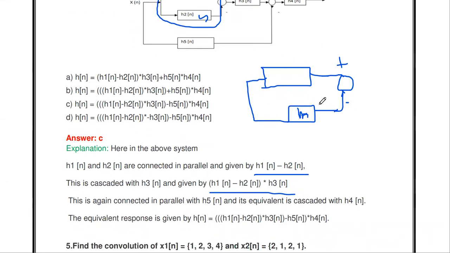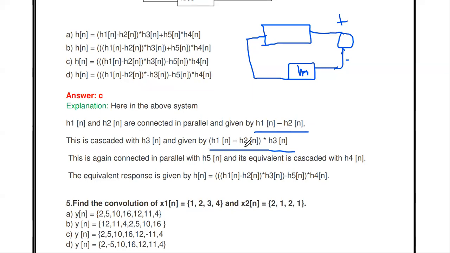This answer minus this answer, since a subtraction symbol is given here. So it is h1 of n minus h2 of n convolution with h3, minus h5 of n. The answer for the third step is this one.